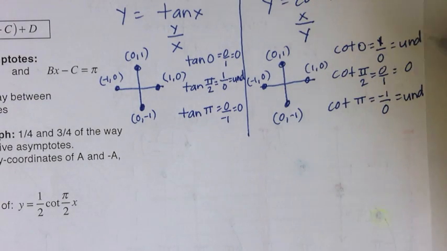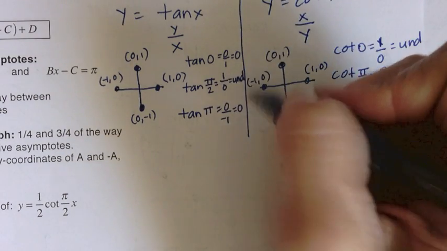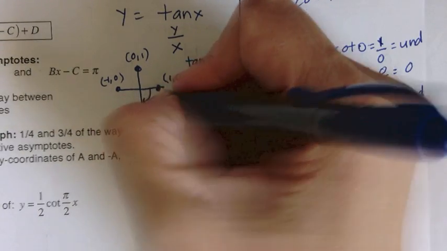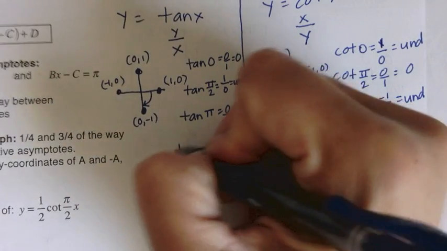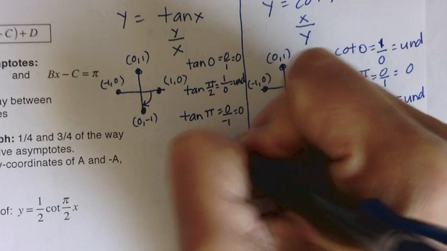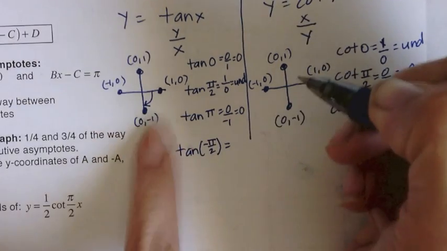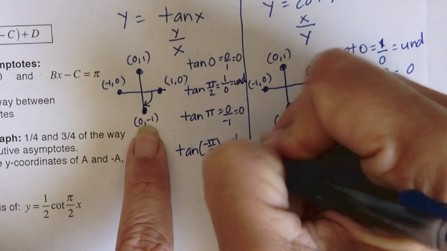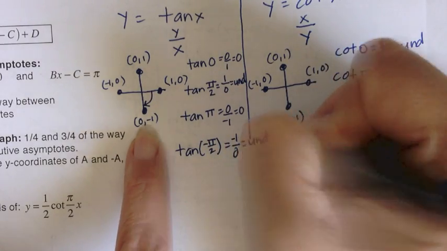So you can see this is where our asymptotes are. Now for tangent, we had one at pi over 2 and negative pi over 2. So just think if we went in that direction and did the tangent of negative pi over 2, that's going to be this point right here, which is y over x, which is undefined. Okay?